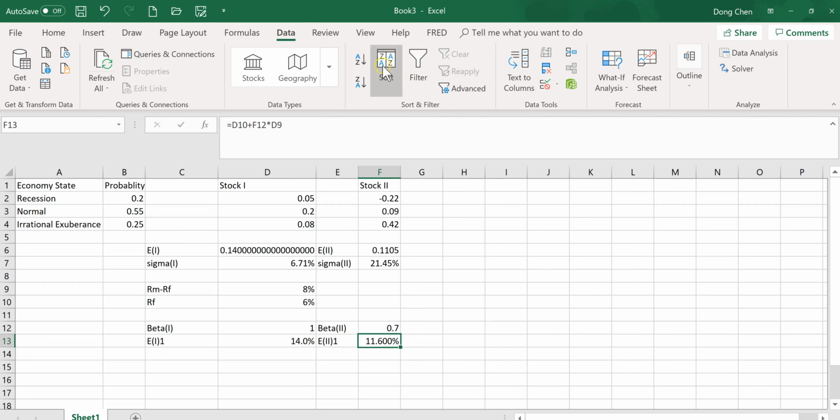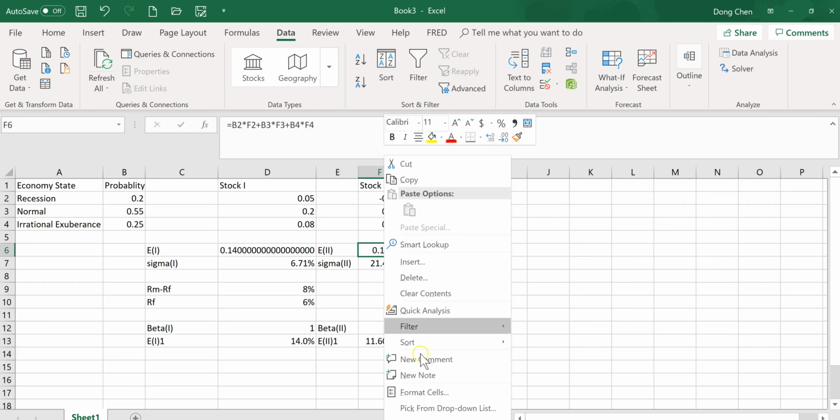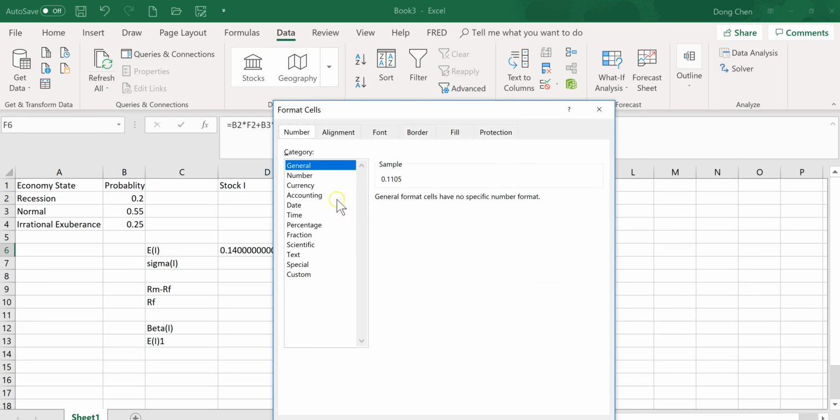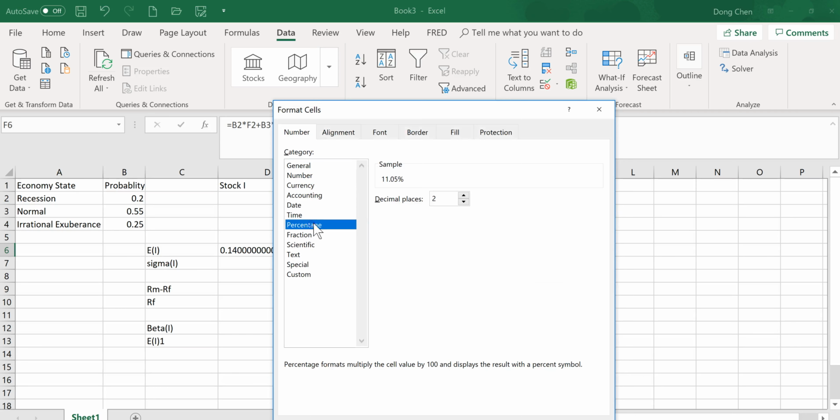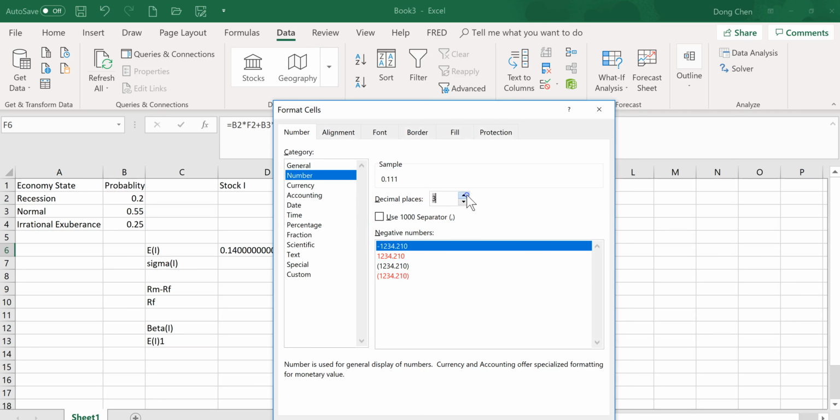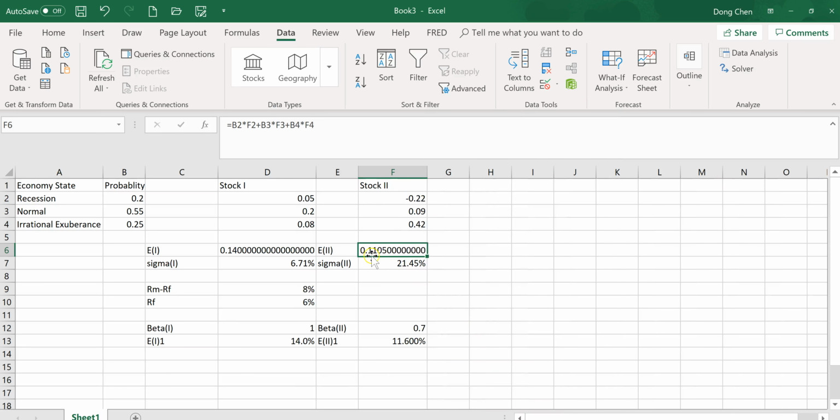But if we use Goal Seek again, before I do that, I want to make sure to keep as many decimal numbers as possible. Okay, it seems that 0.1105 is a precise number.